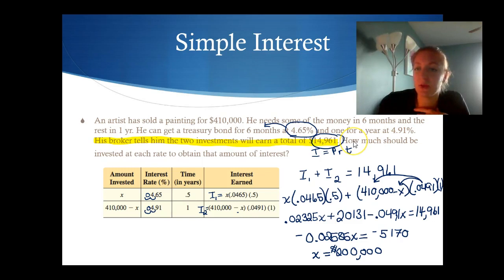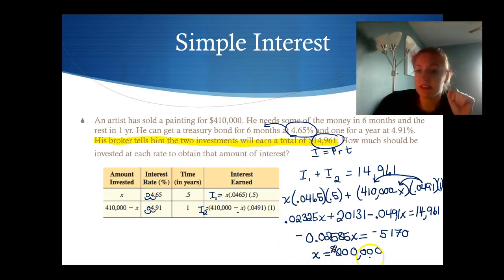It says, usually just reading that last sentence, how much should be invested at each rate to obtain the amount of interest? So we have the amount that should be invested in our 4.65% rate. However, how much should be invested in the 4.91% rate, or the year-long investment? Okay, so remember that he has a total of $410,000 to spend.